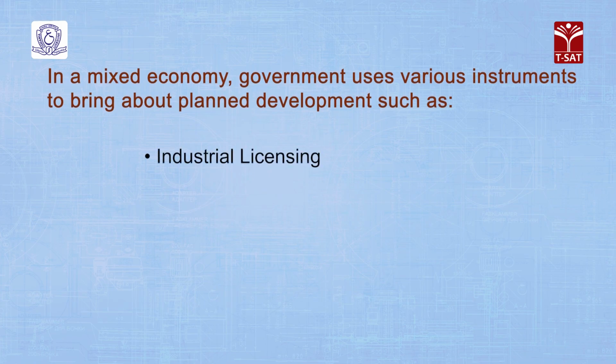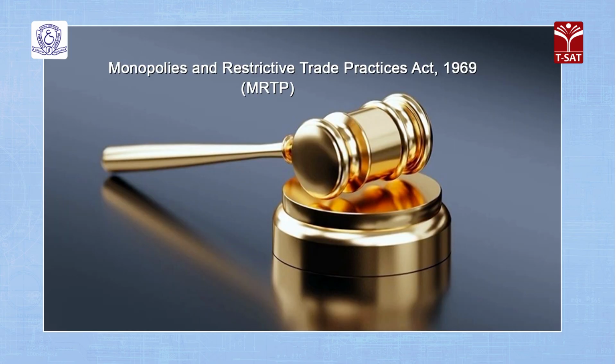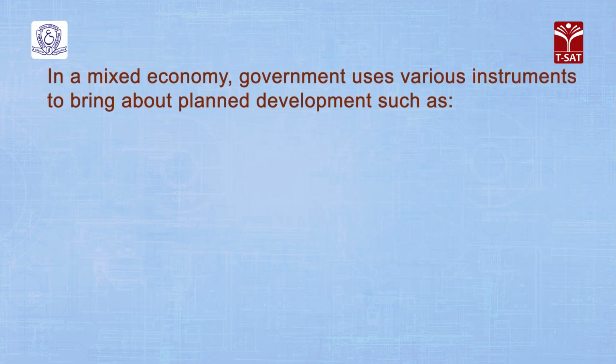Industrial licensing. Licensing facilitates prevention of concentration of economic power in the form of ownership of industries. Industries Development and Regulation Act 1951 and Monopolies and Restrictive Trade Practices Act 1969 are crucial legislative frameworks.